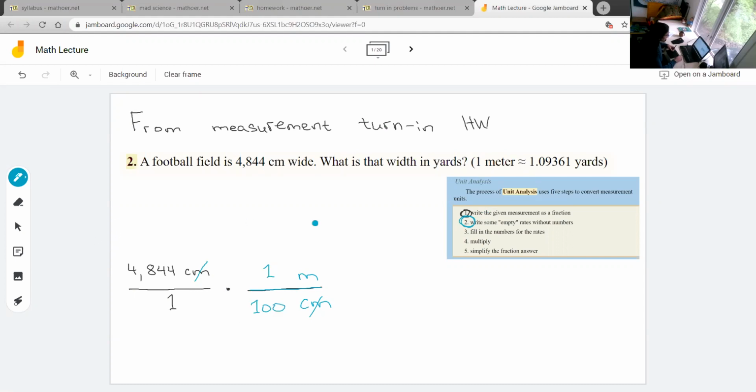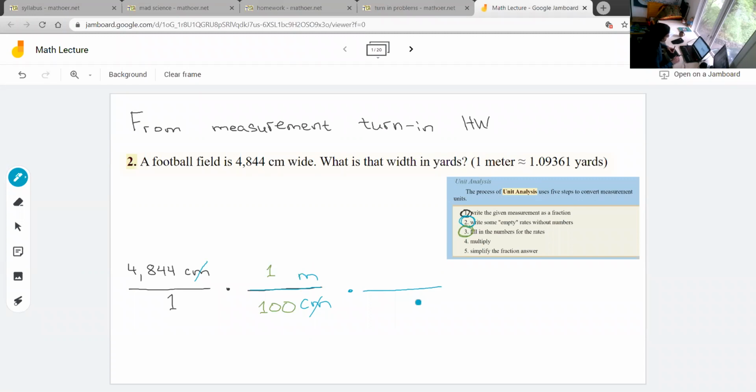I'm not where I want to be. I want to get all the way to yards, so I have to keep going. Oh, I should get my color scheme better too. So the numbers I should do like that. So I go back and I write another fraction.